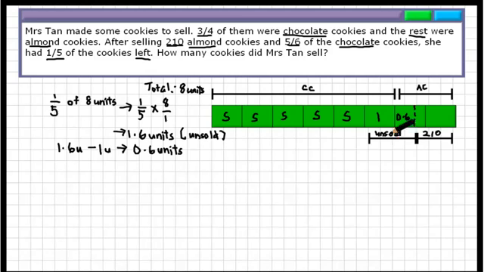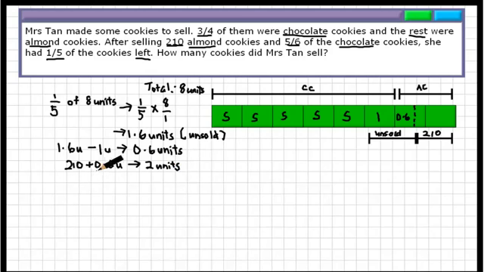So if you look at the model, you can see that 0.6 plus 210 would give you 2 units. So we can write it here, 210 plus 0.6 units equals 2 units.